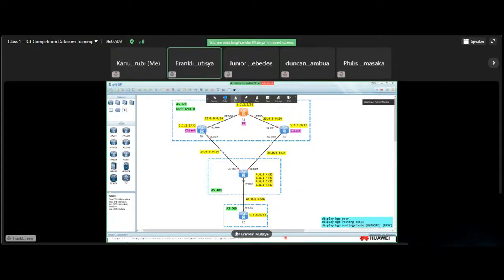It's a way of ensuring that we can have what we call dual homing. Dual homing on the network means, assuming this is an organization network, like Airtel or Safaricom, the Safaricom network is covering a large area within the country.